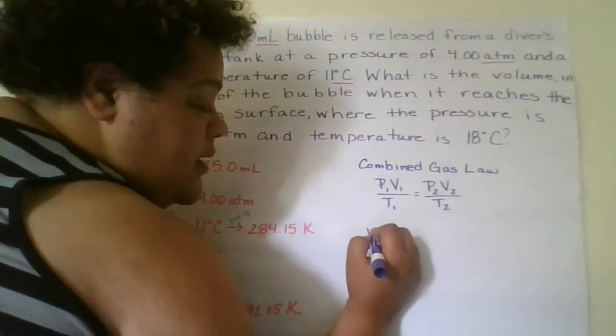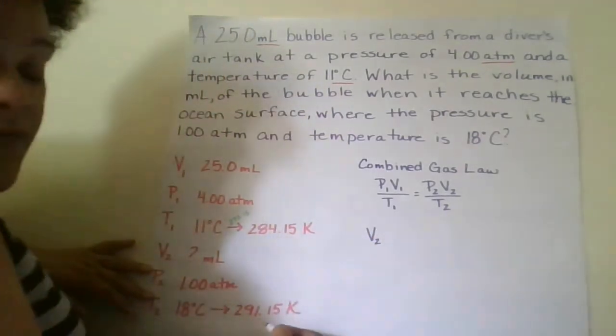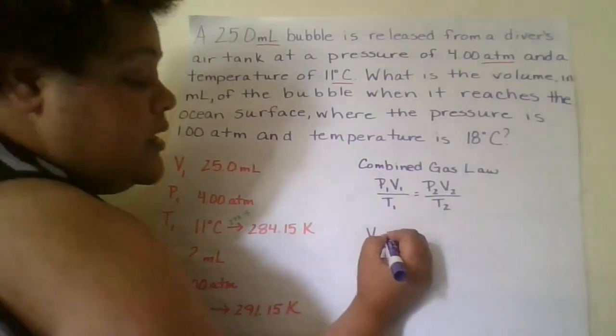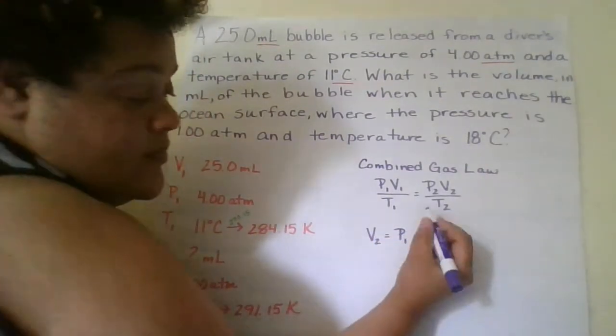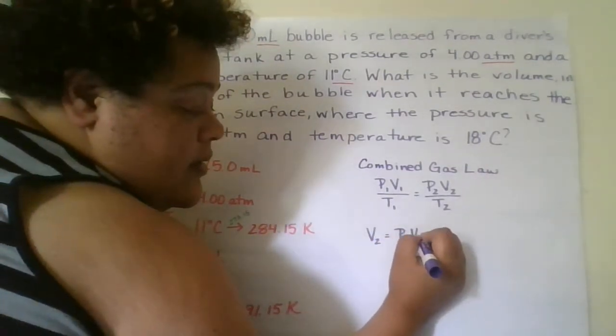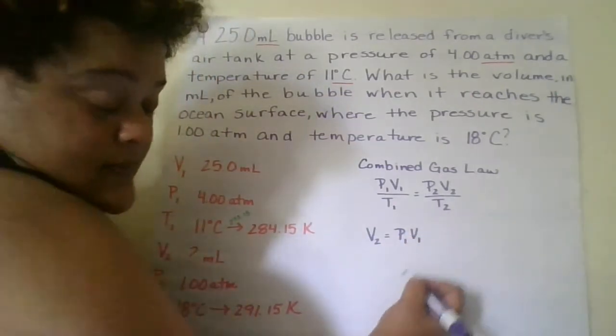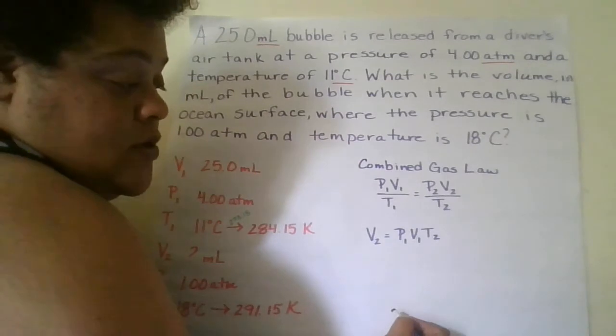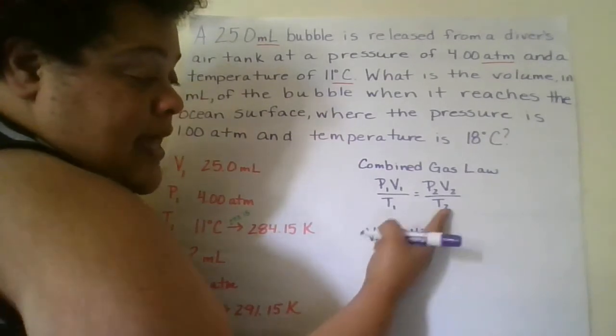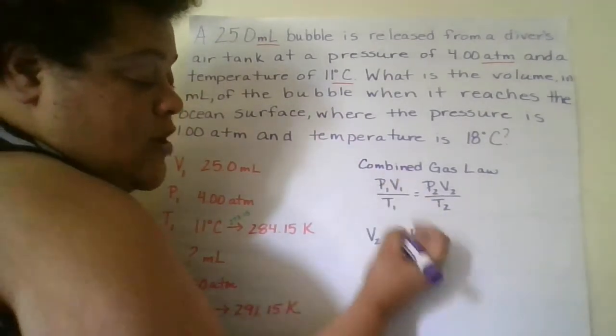So the formula to solve for V2 is going to be P1 V1 T2. As you notice, that T2 from the base formula has gone up top.